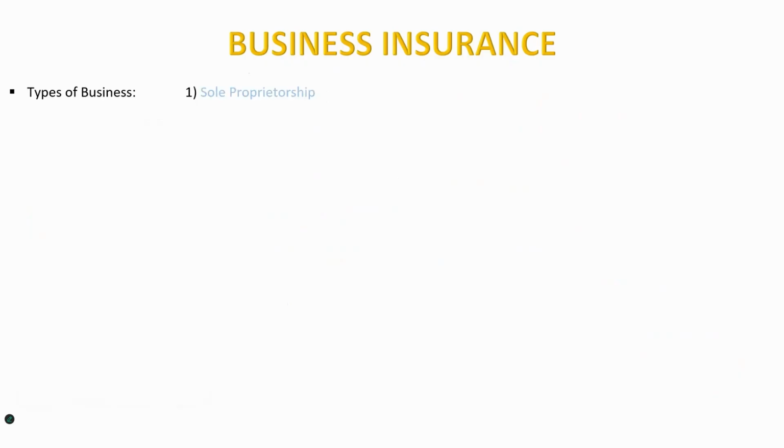Now, let's go and talk about business. Before we go into the business insurance part, it's really important that we understand what types of businesses we have. The first type of business that we have is sole proprietorship, whatever it is. Anyway, I don't know why they make it so difficult.